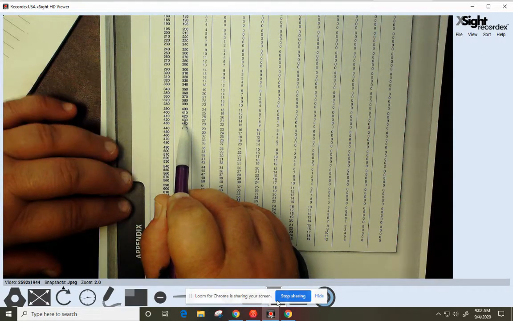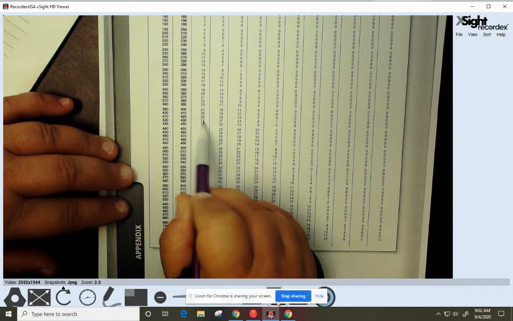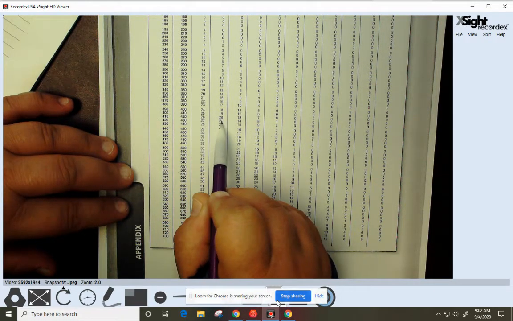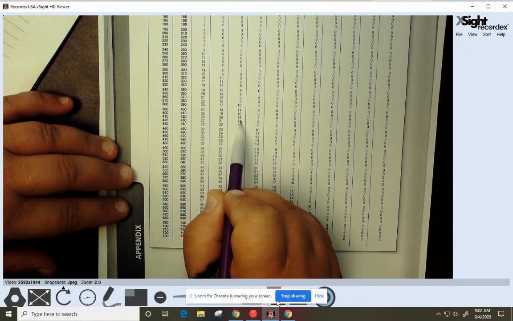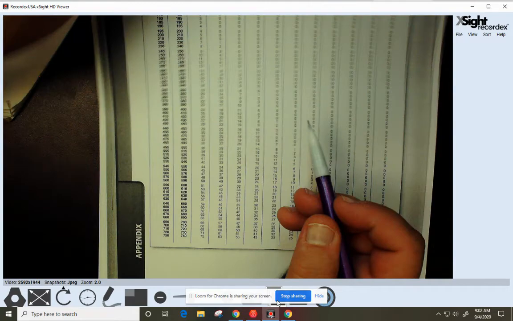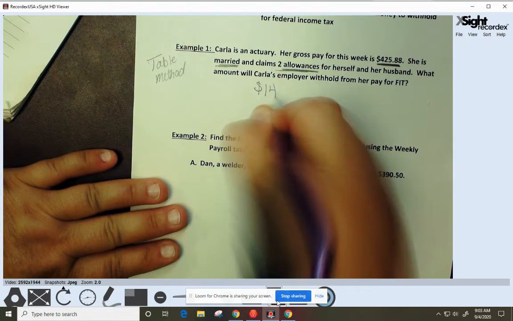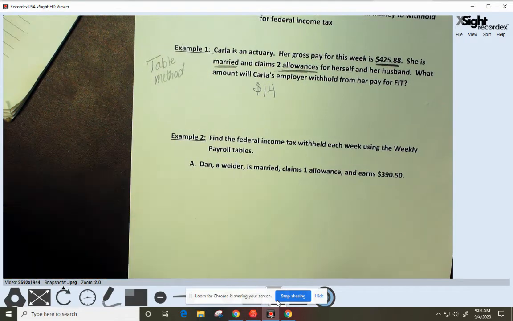She said she had 2 allowances, so follow that straight across. There's no allowance, 1 allowance, 2 allowances. So that is $14 that will come out of her paycheck for her federal income tax.